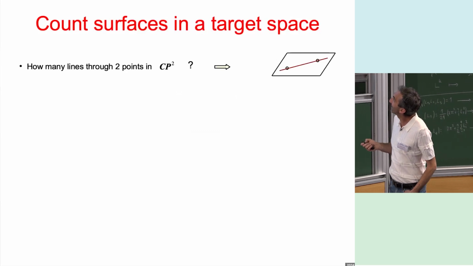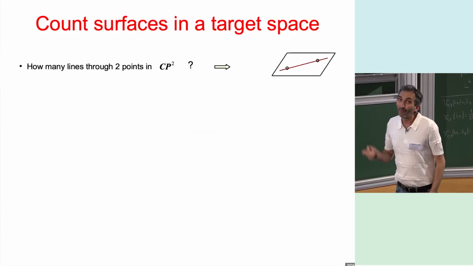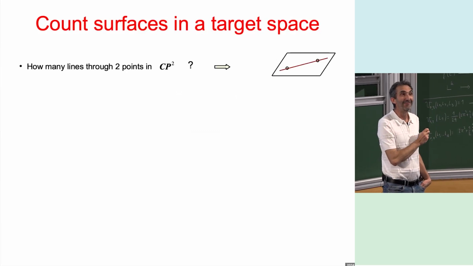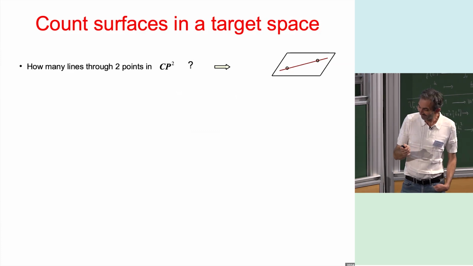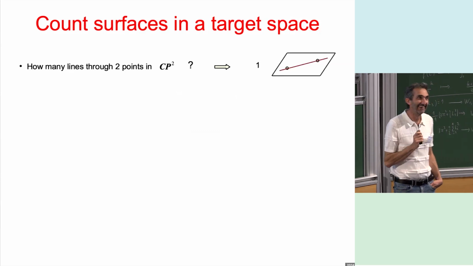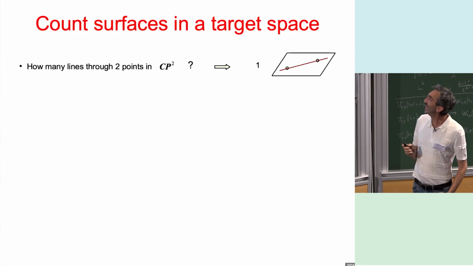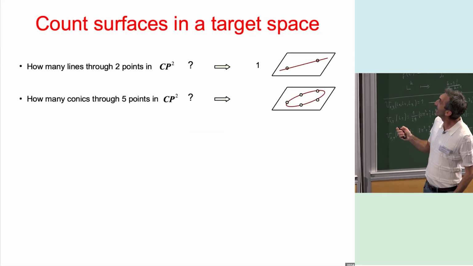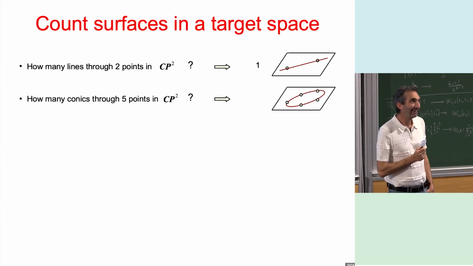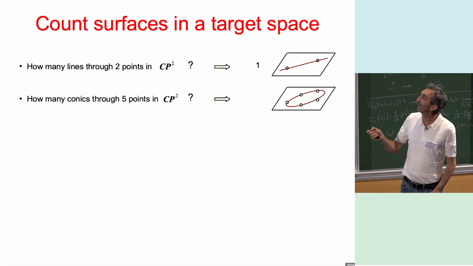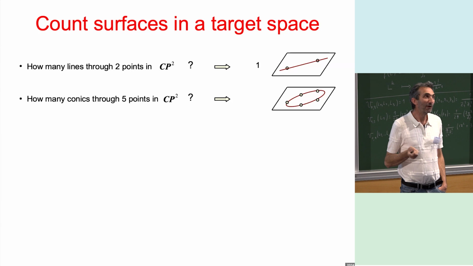Through 2 points, how many straight lines? I think everyone should know the answer. 1. Now let me ask the question: how many curves of degree 2 through 5 points in the plane? You can call them conics, but basically any equation of degree 2.